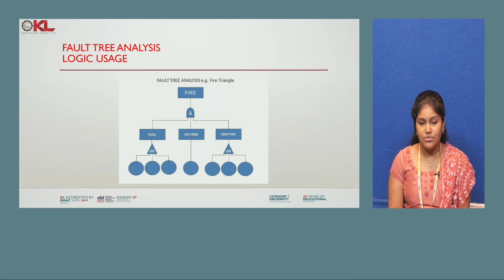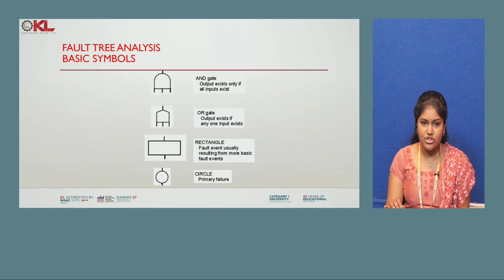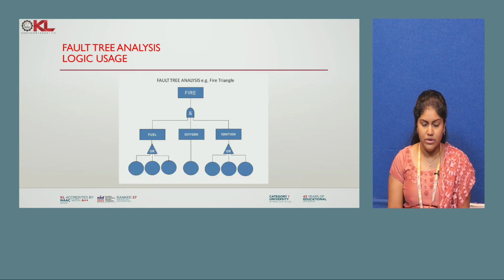So here in the case of AND, we have only one input, that is fire. That's why we receive the output as fuel, oxygen and ignition. In the case of OR, any one input is required to get an output. There is no need for more than one input here. So we are getting the output.